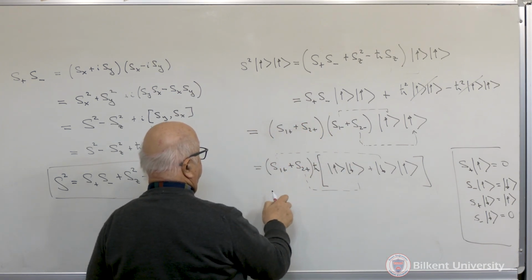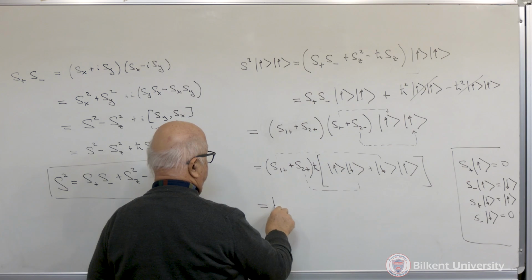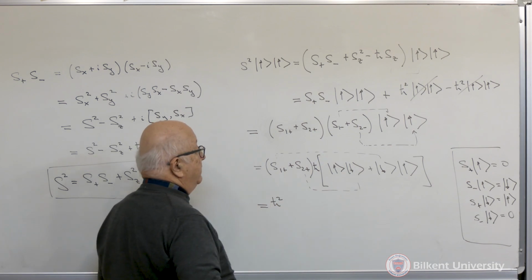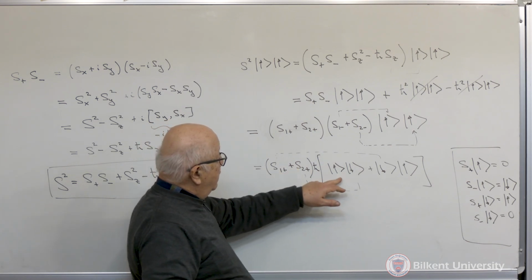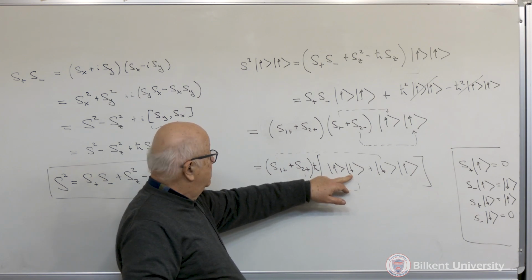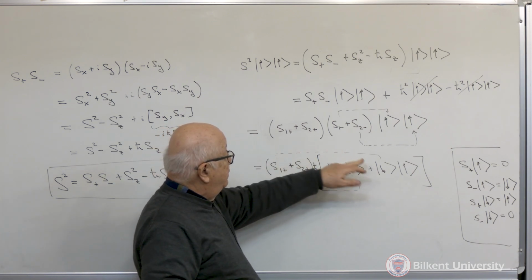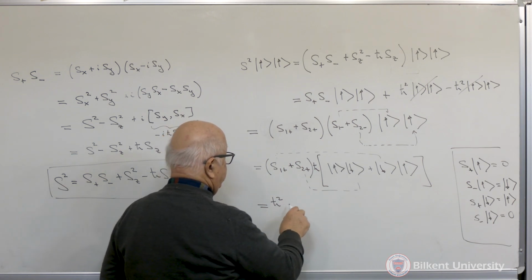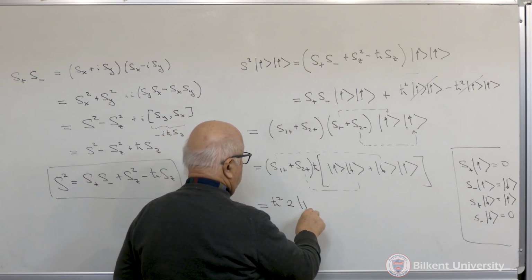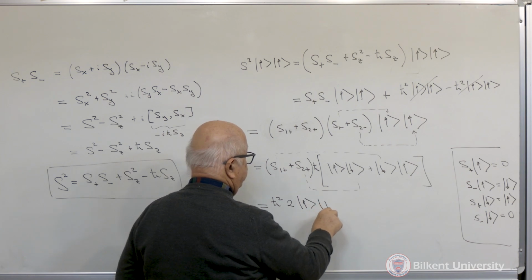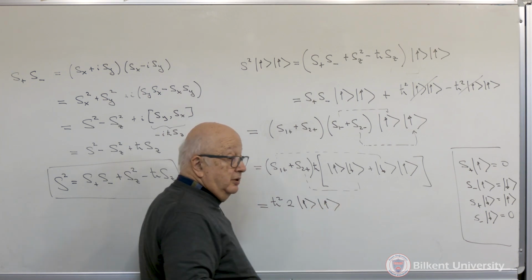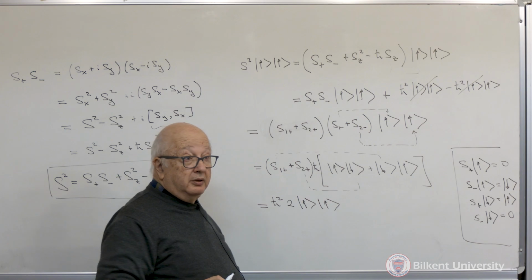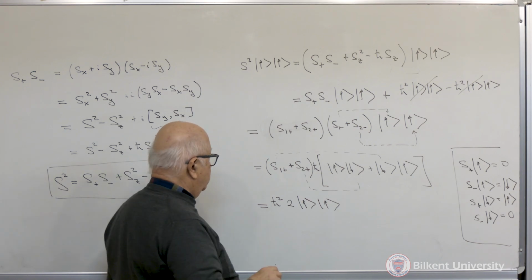Now this will also bring an h bar factor, so it will be h bar squared. This will convert this to up, up. That will convert that one to up, up. So I'm going to get 2 up, ups. So what happened?